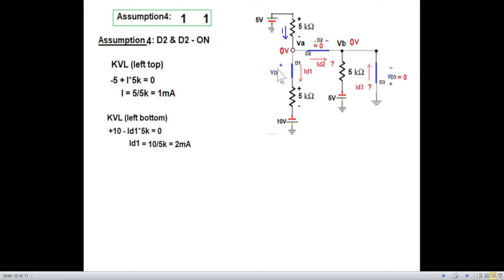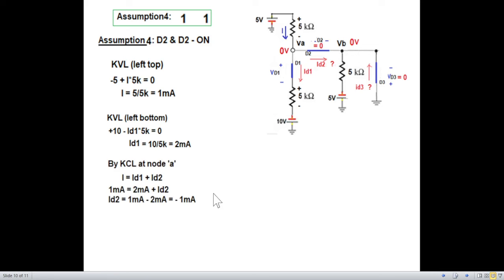Now, this loop to find ID1, so we go from here, KVL plus 10, and then since it's minus coming first, it is minus ID1 5. So minus ID1 5 and going to 0, so equal to 0. And from here we find ID1 to be 2 milliampere. So this current is 2 milliampere.